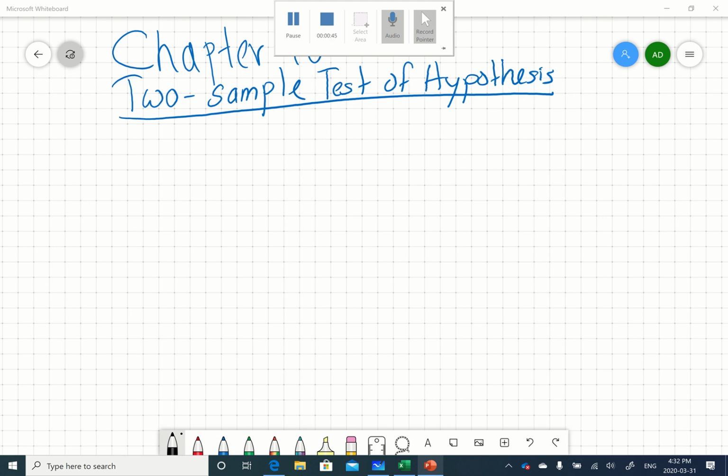Just to give you a quick refresher on chapter 9: we talked about validating a hypothetical statement about a population mean, or a population proportion, using a hypothesis test.